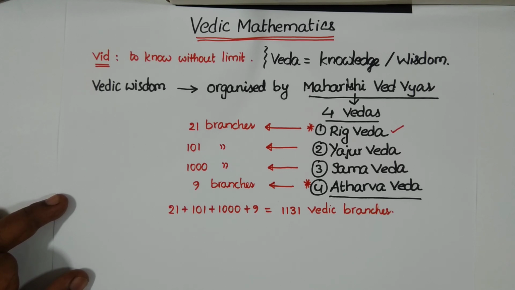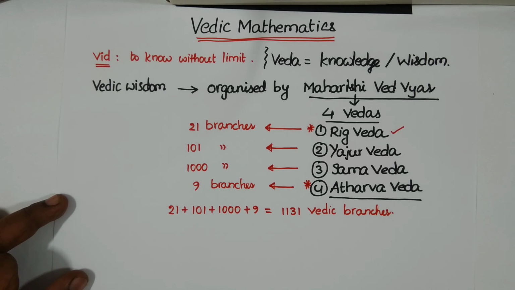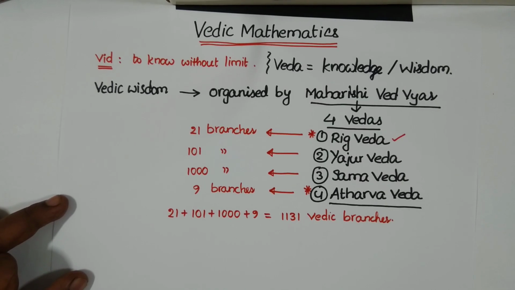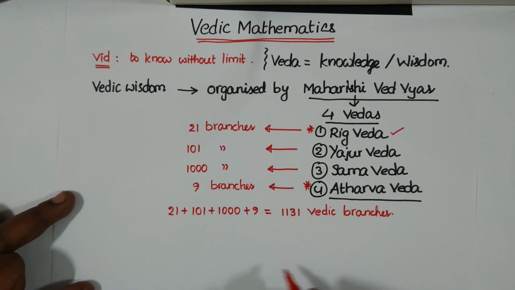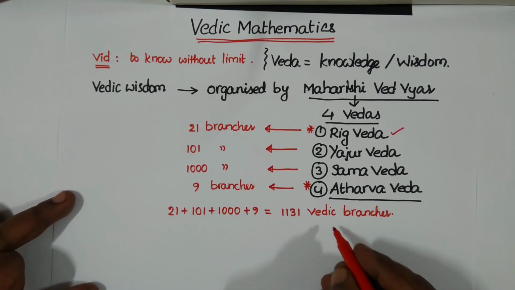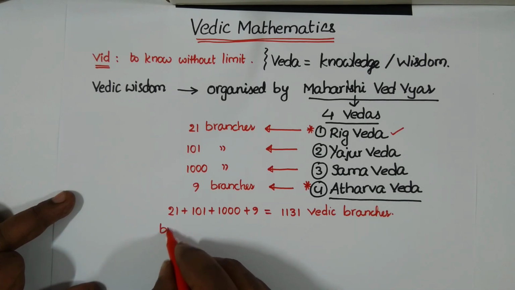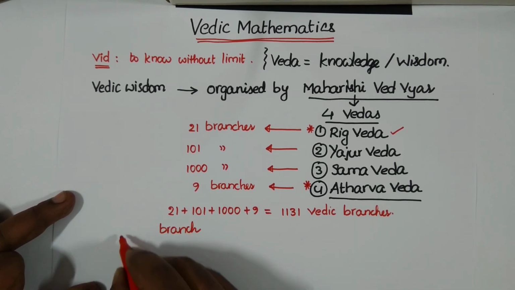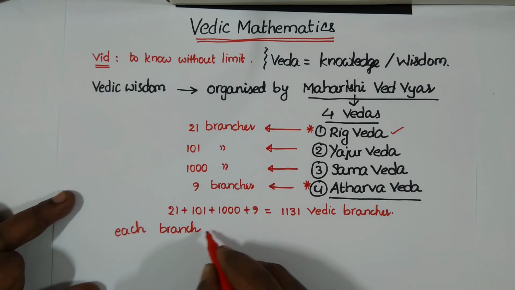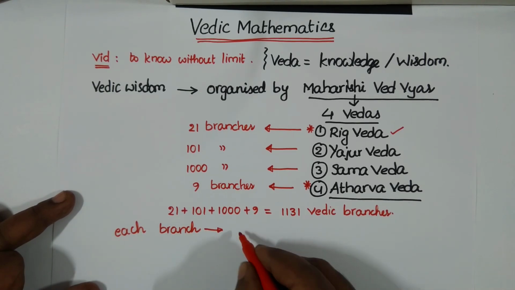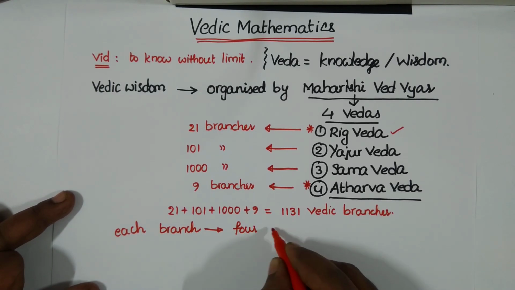Now, the organizational format of each Vedic branch. If you take the organizational format of each Vedic branch, it consisted of 4 folds.